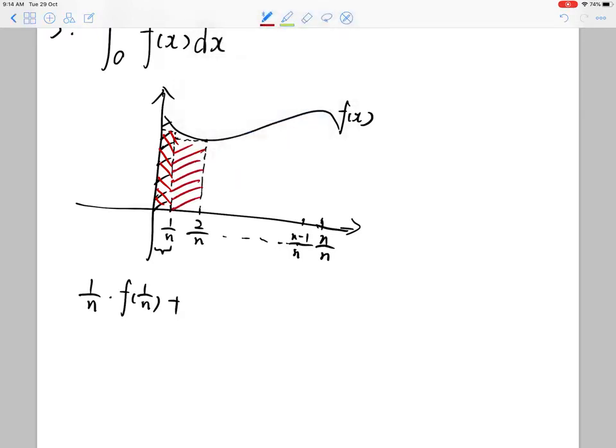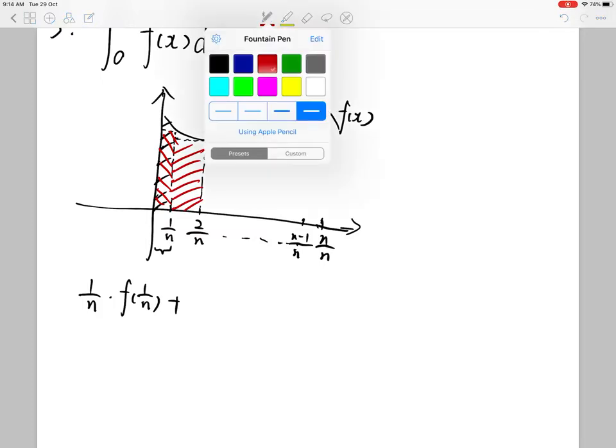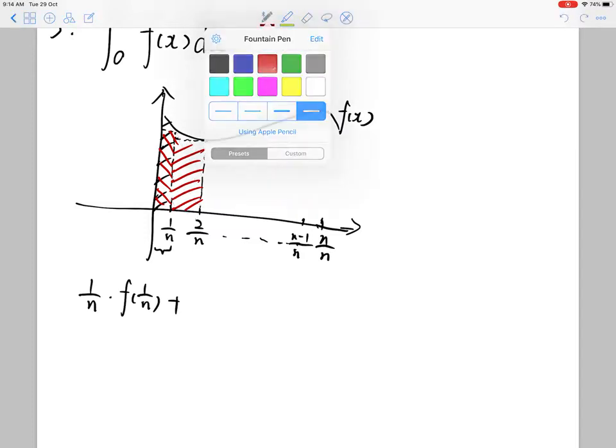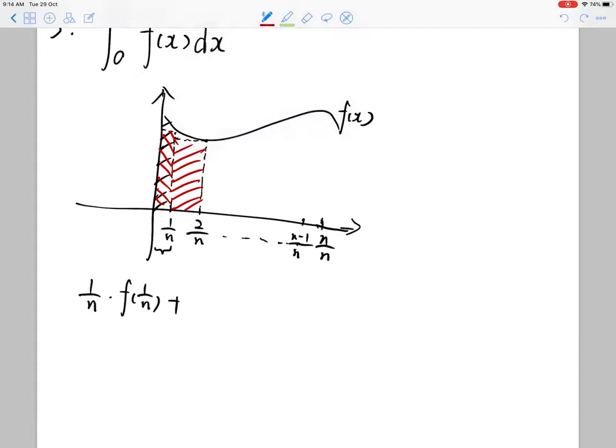The area is very similar to the area under the curve. The area of this rectangle is this part, which is also 1 over n times the height. Now the height is f(2/n), so 1 over n times f(2/n).